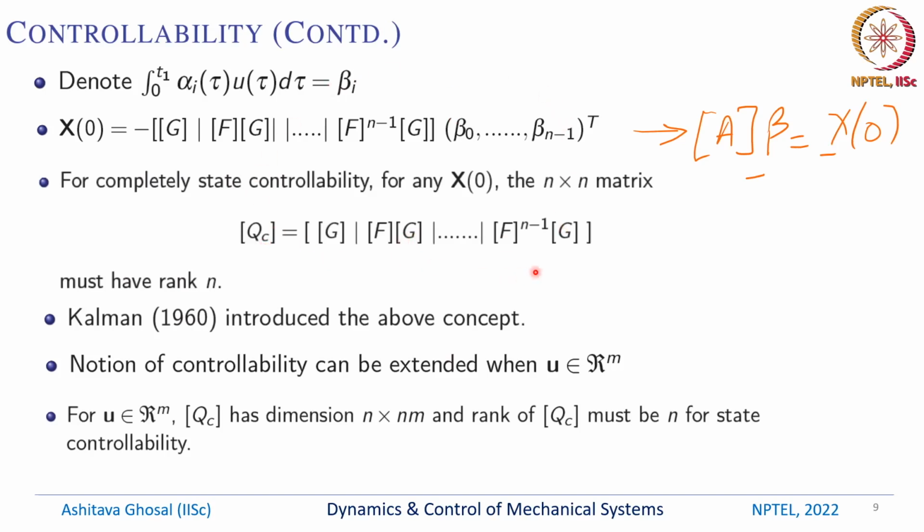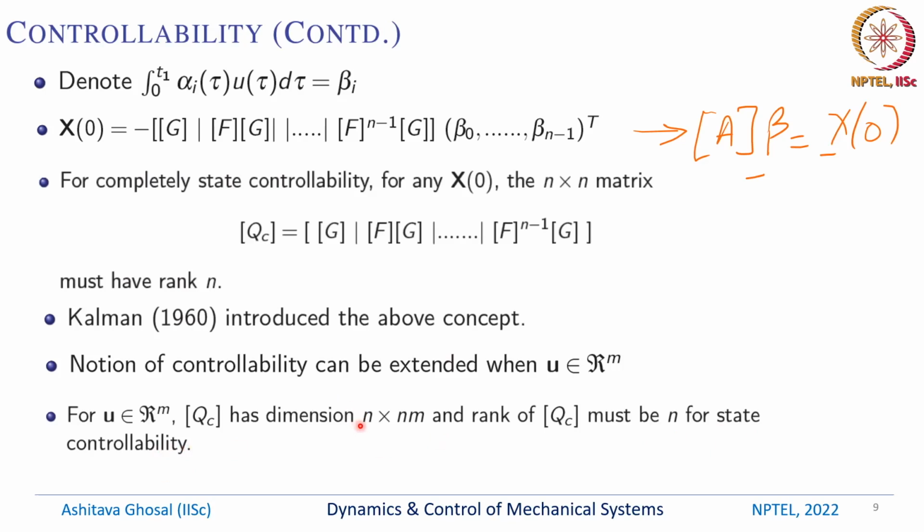Till now we have assumed U is single input. It can also be extended to the multi-input case where U is an m-dimensional vector, an element of Rm. So for U in Rm, QC will have dimension n cross nm, and the rank of QC must still be n for state controllability.